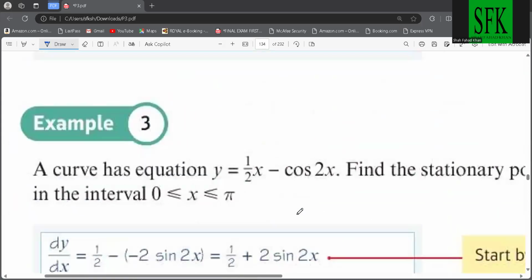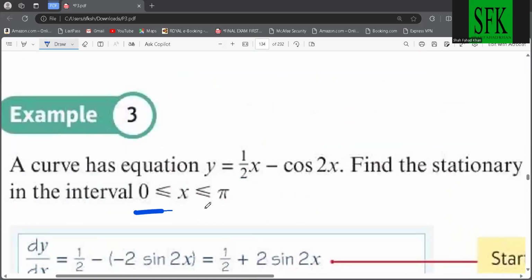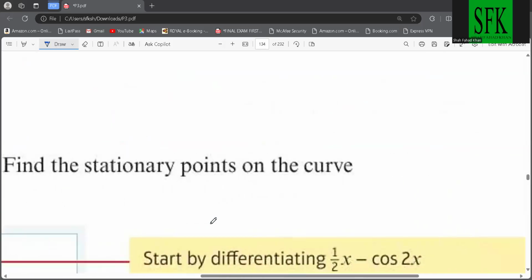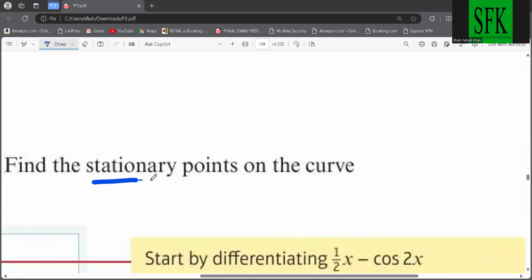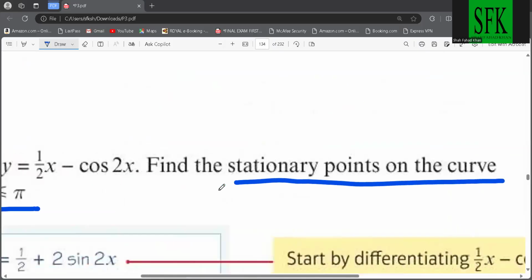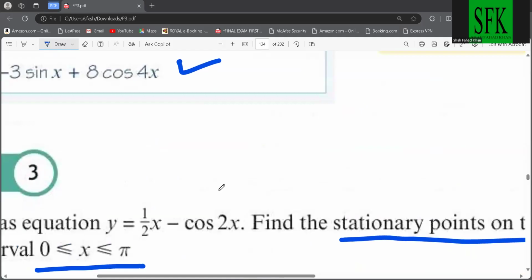Now, example 3. If you have a curve equation given over here with an interval given over here, the domain given over here, find the stationary points on the curve. Right, so this is also a review of your prior knowledge, but with advanced of that. So y equals half x minus cos 2x.